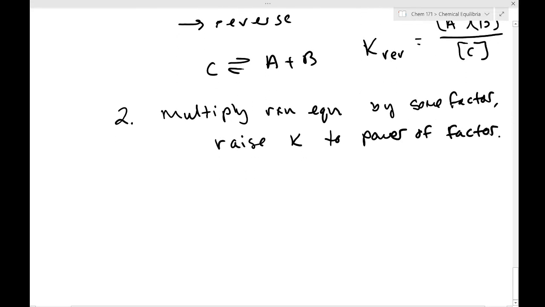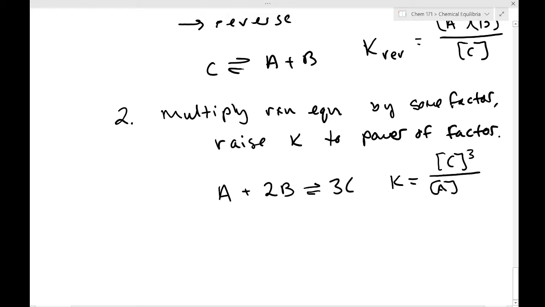For example, if we have A plus 2B goes to 3C, our equilibrium constant is C cubed divided by A times B squared.